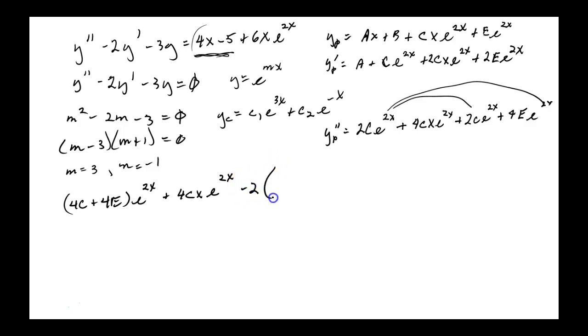Minus 2, and now let's do the y prime. Let's also combine like terms there. Well, the a is just the a. That's the only one there. But now you've got a plus c plus 2e, e to the 2x, plus 2c x e to the 2x, all right?